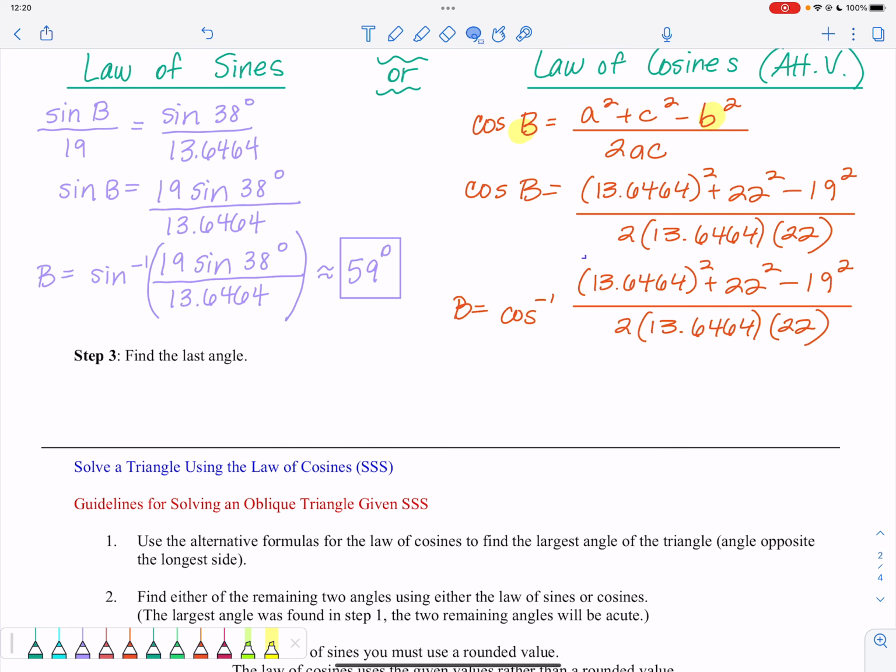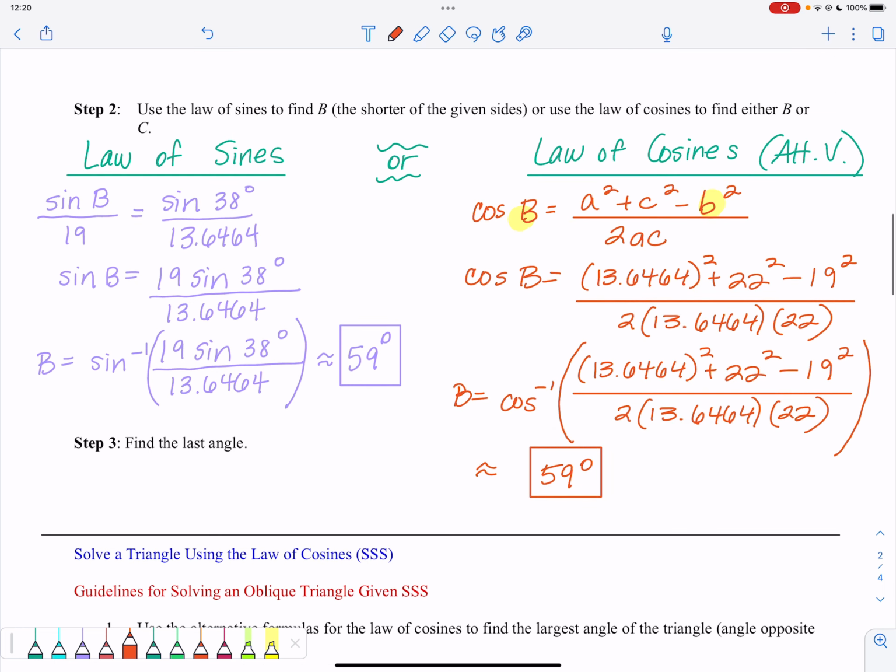And we'll just put parentheses around that. And B is about equal to 59 degrees. So that is the same angle we got using the law of sines.